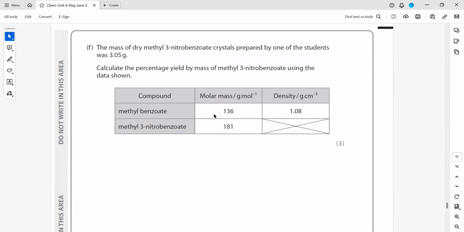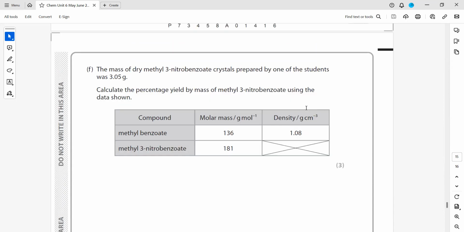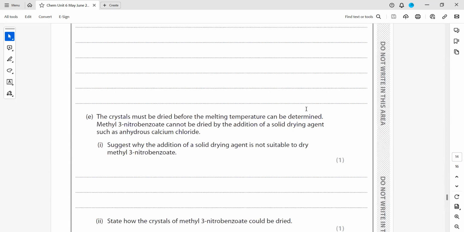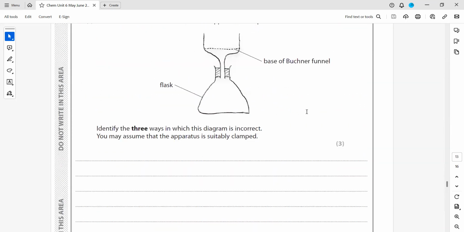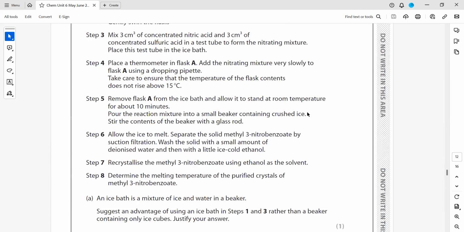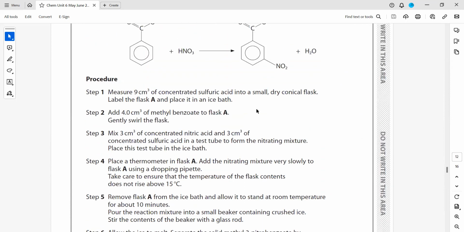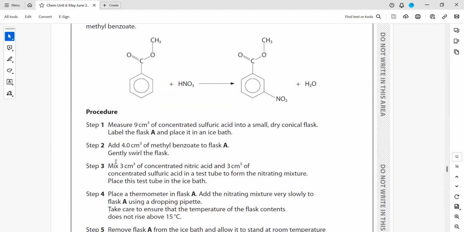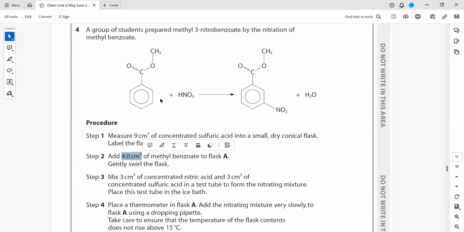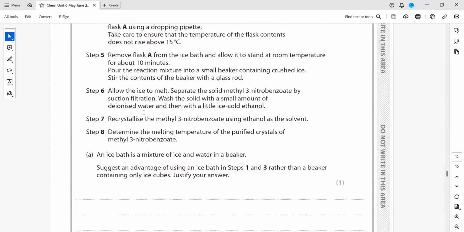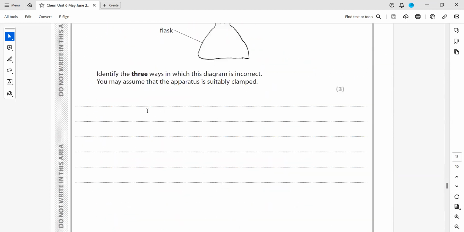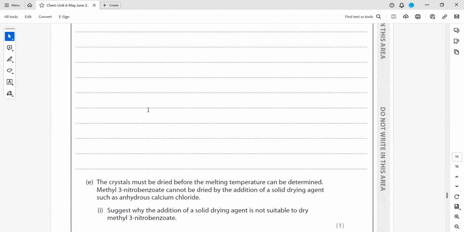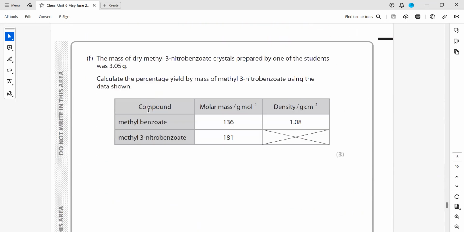So theoretically, how much should we get if the original amount used is 4 cm3 of methyl benzoate? What is the mass of 4 cm3? The density is given, so we will work out the mass.